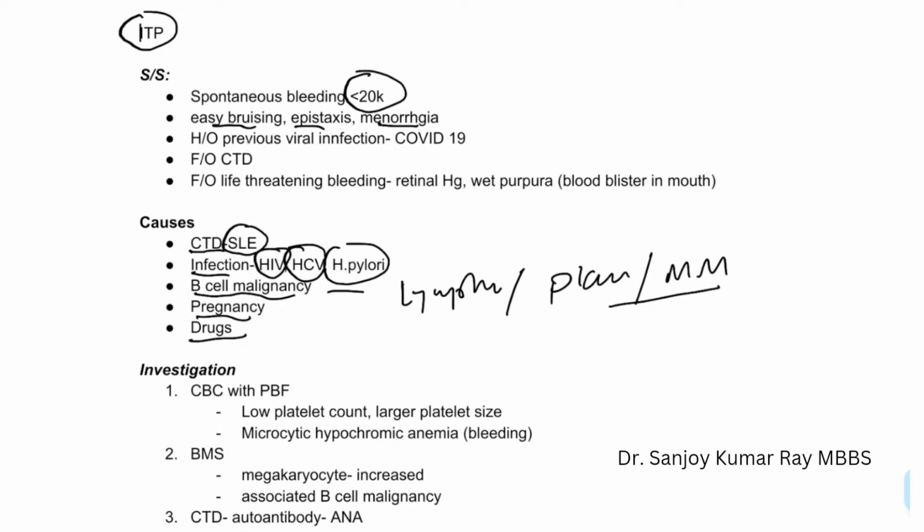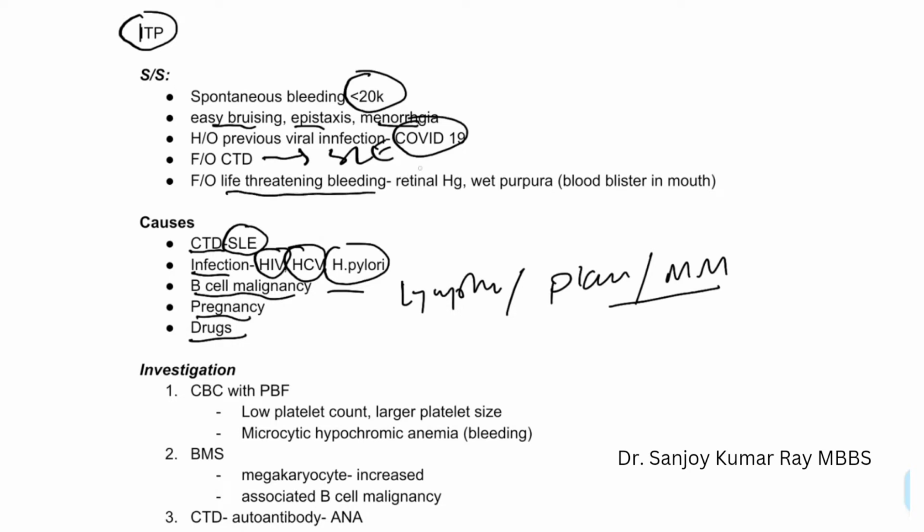The patient may have a previous viral infection, and ITP has been found after COVID-19 vaccination. The patient may have features of connective tissue disease like SLE, and the patient may have life-threatening bleeding.